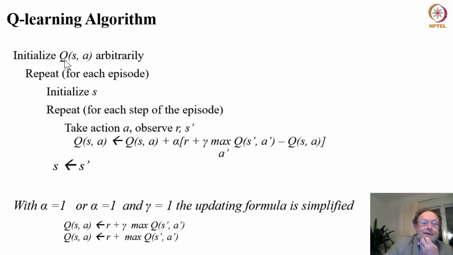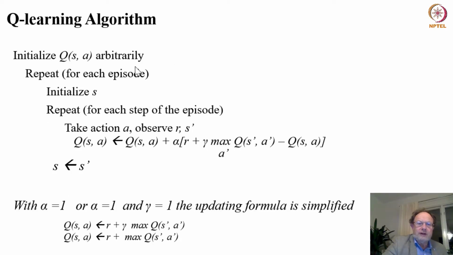In practice, this quality function is represented by a table where the rows correspond to the states and the columns correspond to the actions. When you start, you can have arbitrary values there. You can have zeros or what you like.